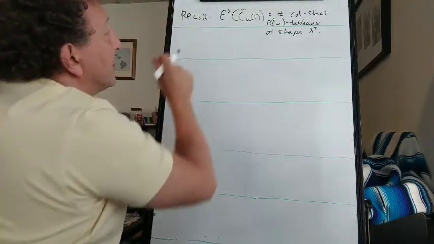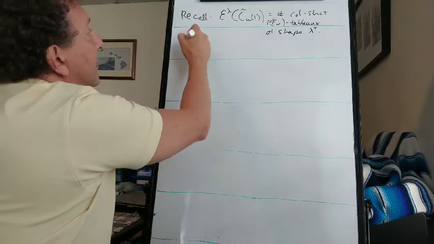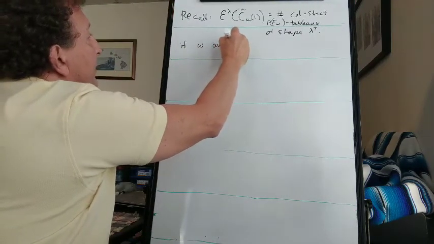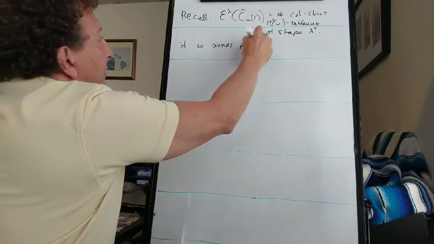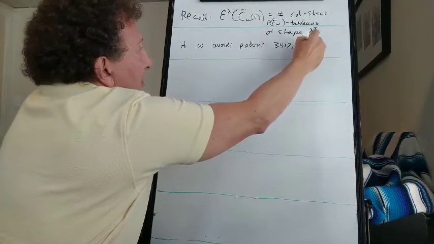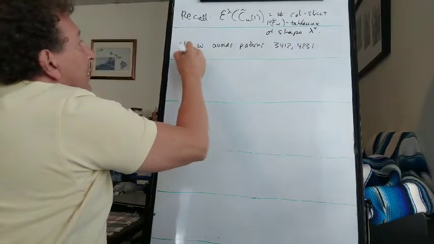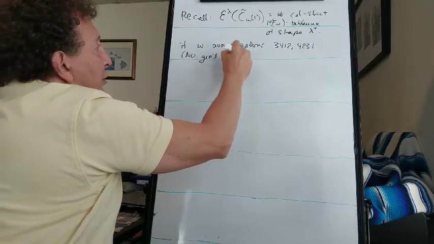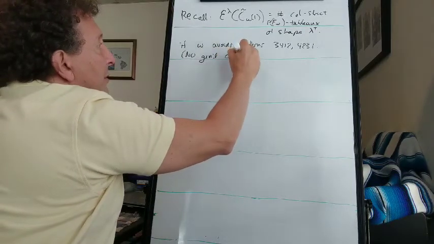This only works if W avoids the patterns 3412 and 4231. No general combinatorial interpretation is known for all W.